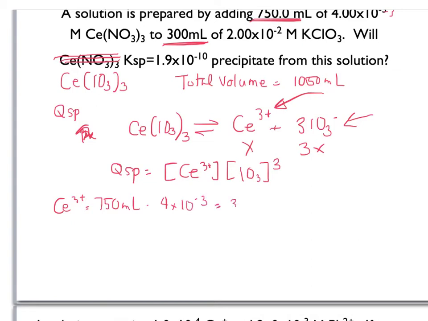And so that's going to give me 30 millimoles of Ce3+. And for my iodate, I have 300 milliliters times a 2.0 times 10 to the negative 2 molarity. So I get 6 millimoles of iodate.